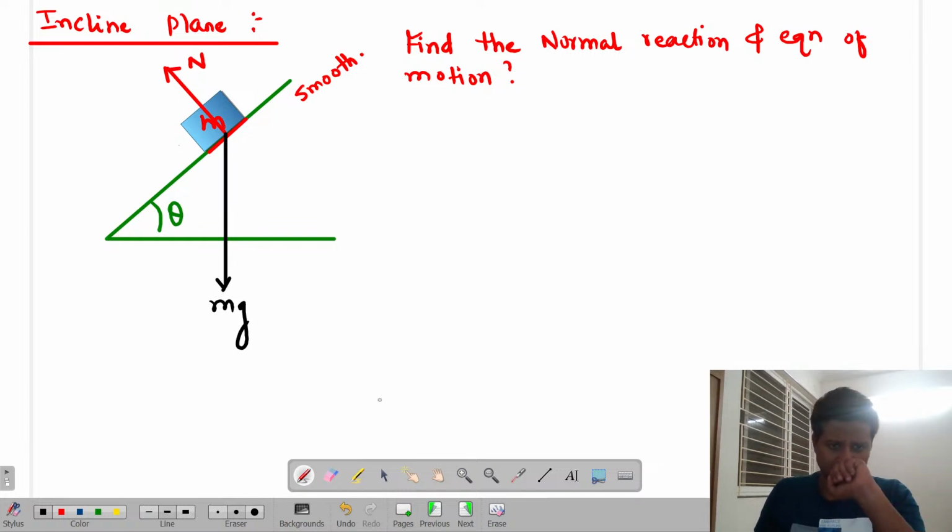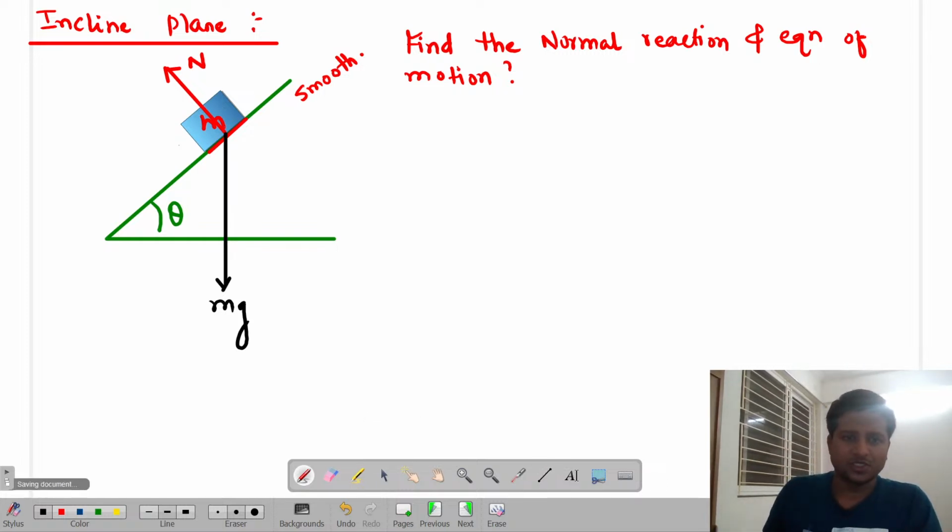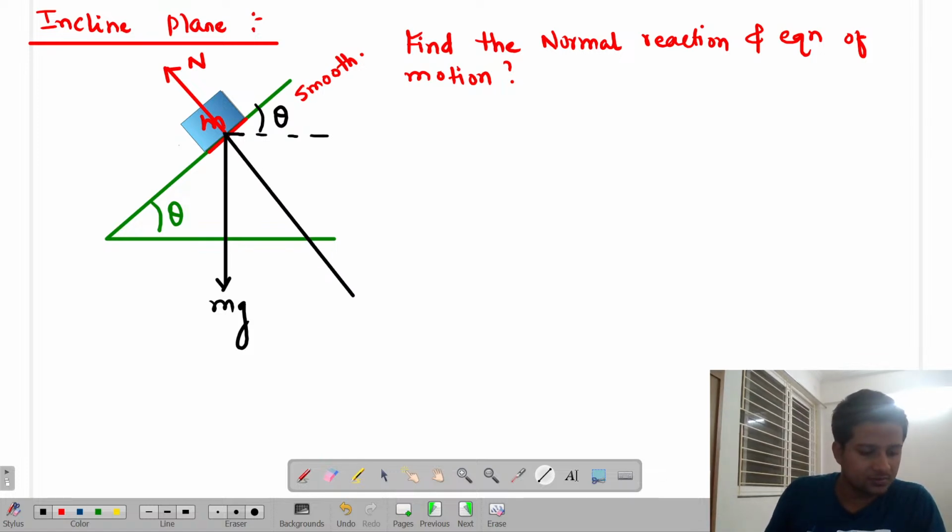Now, if I look into this mg, think of one case. Is this angle also going to be theta? Yes, then draw this angle also. If this angle is theta, this angle is going to be 90 minus theta. Looking at these things, you know that the attached side is a cos component, isn't it?